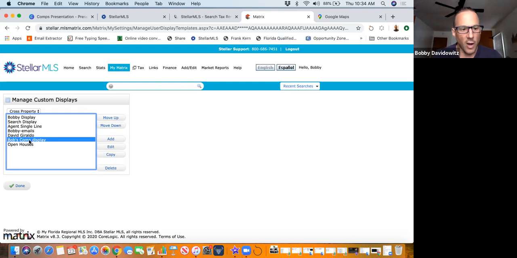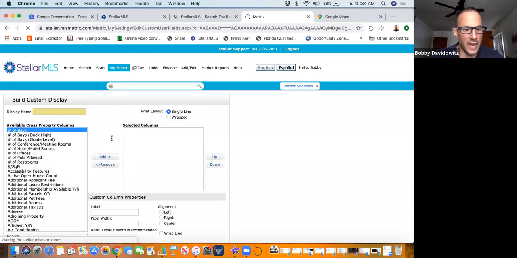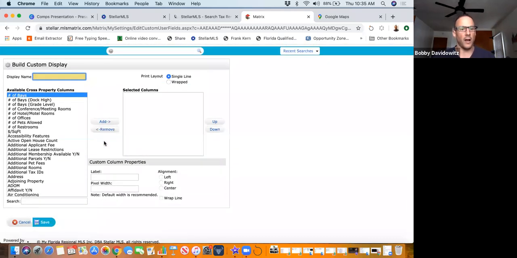So if you wanted to add a new display, you could press add a new display, and you can name the display and put whatever criteria you want to see. Let's say I call it test display, and I could go down here and you can see available cross property columns.